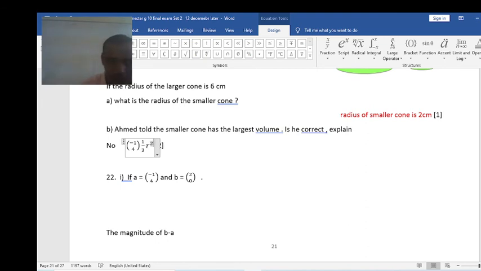Multiply by h. This is the formula of the volume of a cone.